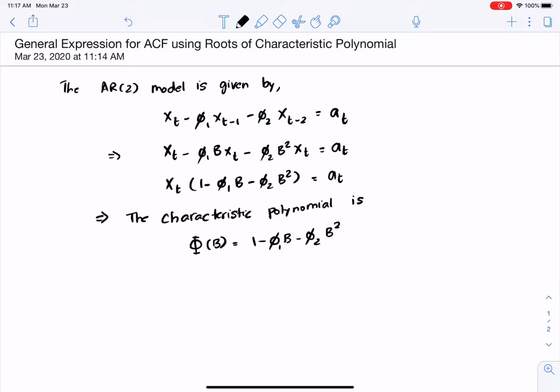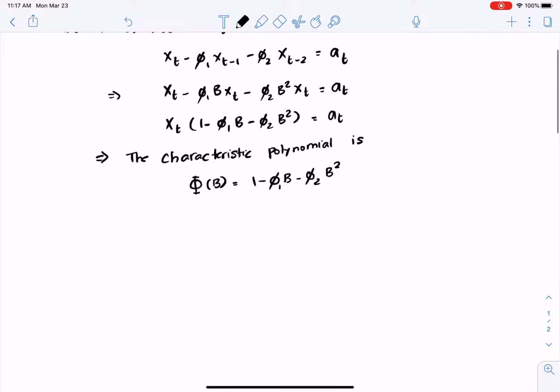We could write it in terms of a different variable rather than the backwards operator. So perhaps we could call it phi of s is equal to 1 minus phi 1 s minus phi 2 s squared. So that is a polynomial function.